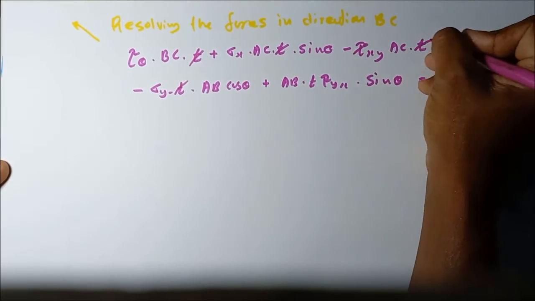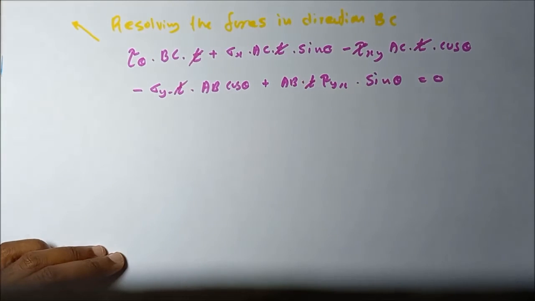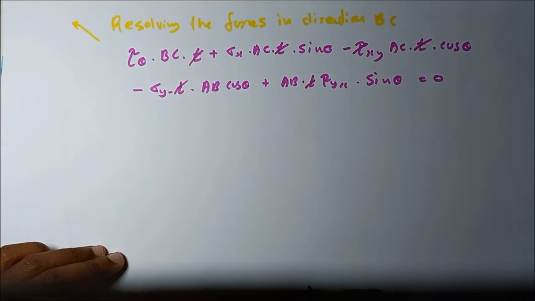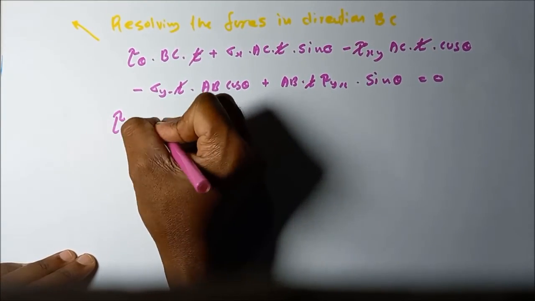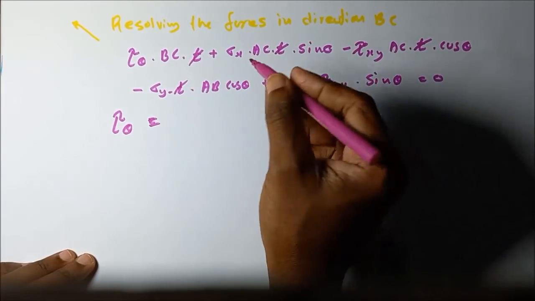So at the same time I am going to divide by the BC and make tau theta the subject.